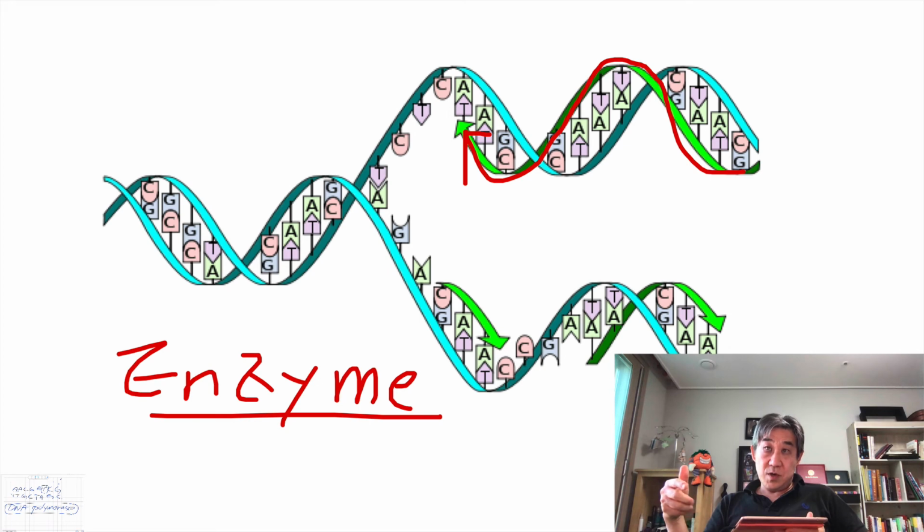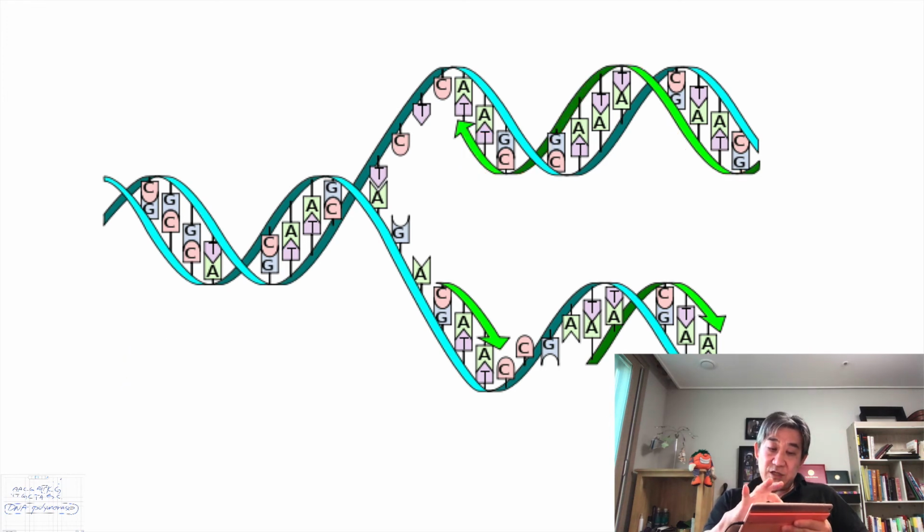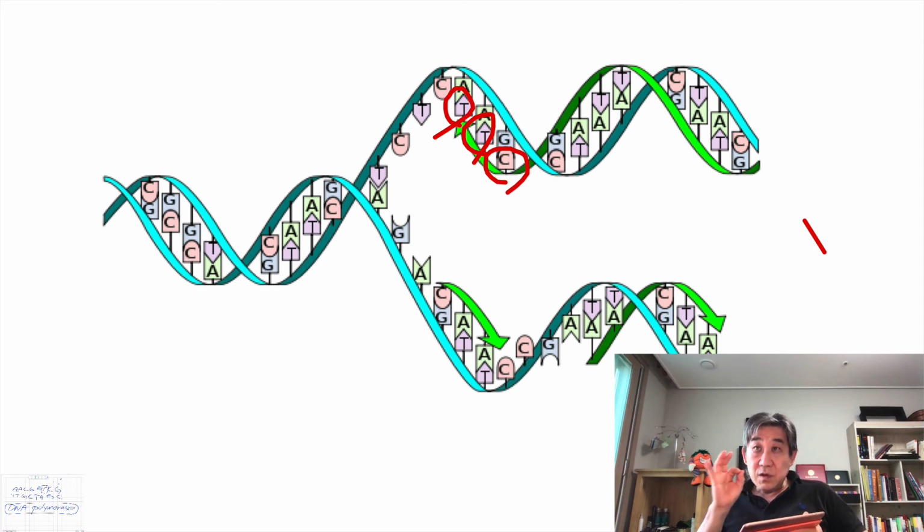The new strand is represented in green ribbon over here, and it can be easily copied because all you have to do is follow the rule of complementary base pairing. For each existing strand, represented in this sky blue color, all you have to do is insert the corresponding complementary base pair carrying nucleotide.